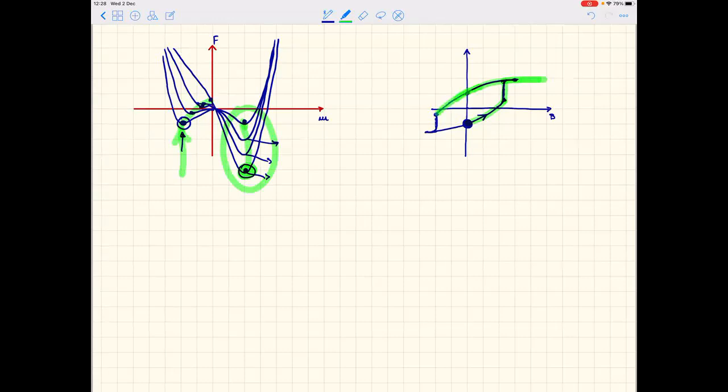So it's going to follow this up to a certain point in which it becomes unstable. Then it's going to jump to the true minimum, continue here, and then if it traces back, it's going to follow this. This is hysteresis. So the value of the magnetization in practice depends on the history of your change in the magnetic field. You understand now?